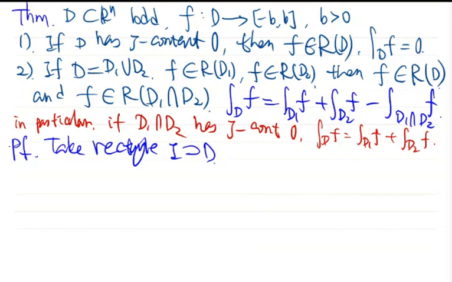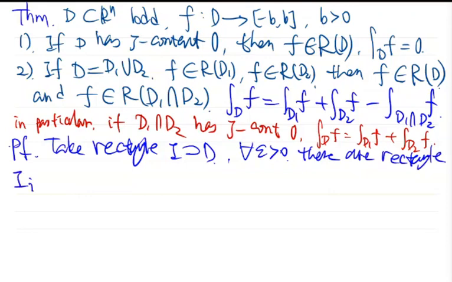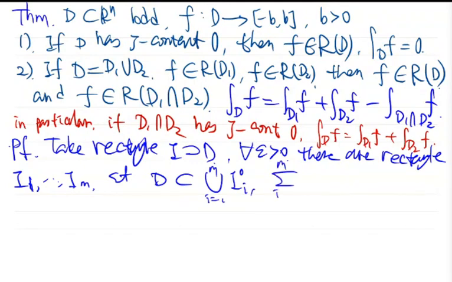Then D has Jordan content 0, so for any positive epsilon there are rectangles I1, ..., IN such that D is contained in the union of the interiors of the Ii, and the total volume of the rectangles is less than epsilon.